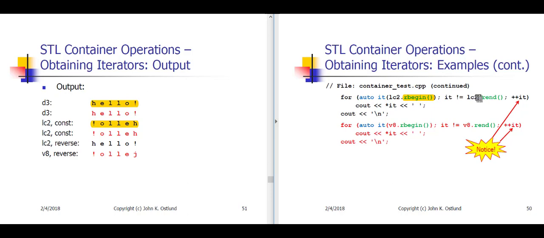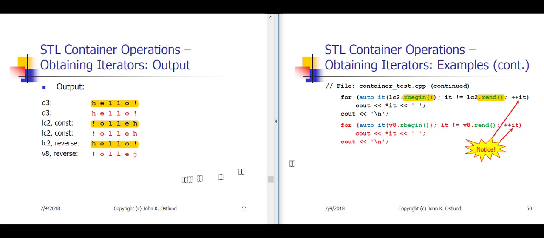And lc2.rend is going to be just prior to the exclamation mark at the beginning of lc2. So using reverse iterators, I can step through the elements in the list in reverse and display them, and what I get shouldn't be very surprising. It's the reverse of what I got when I displayed lc2 in forward order.